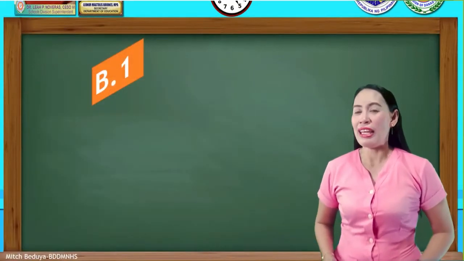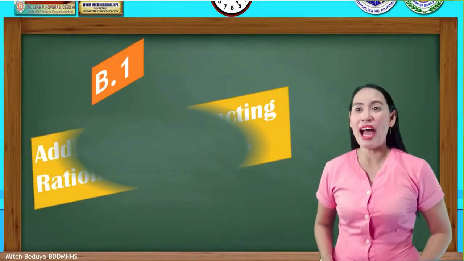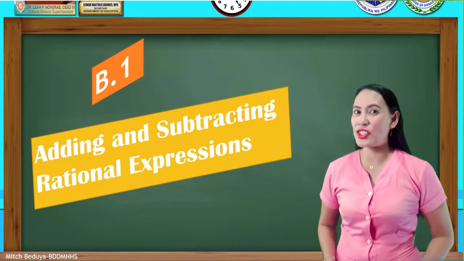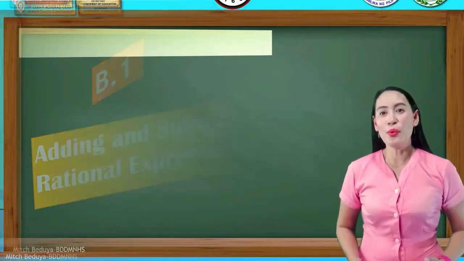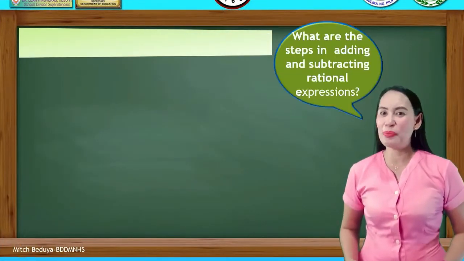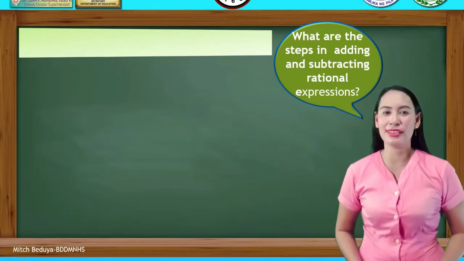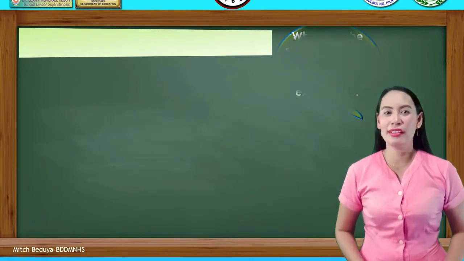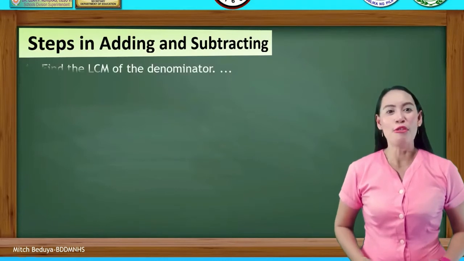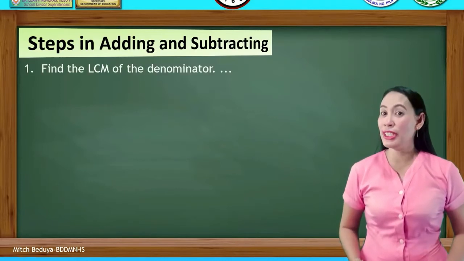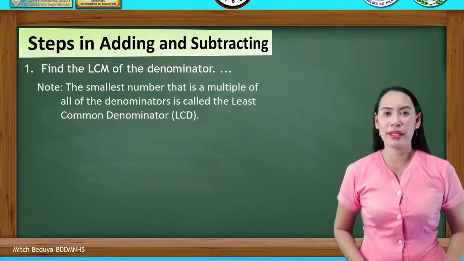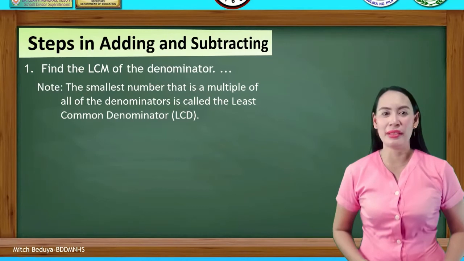And now, let us recall the steps in adding and subtracting rational expressions. So what are the steps? Number 1, find the LCM of the denominators. Take note that the smallest number that is a multiple of all the denominators is called the least common denominator, or the LCD.